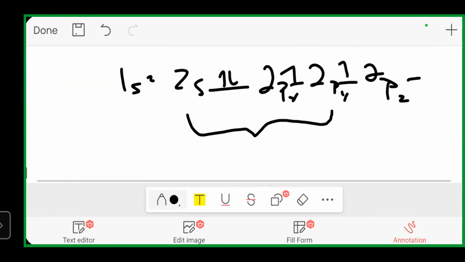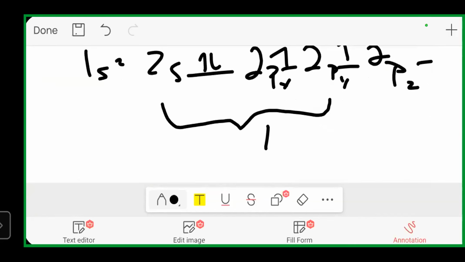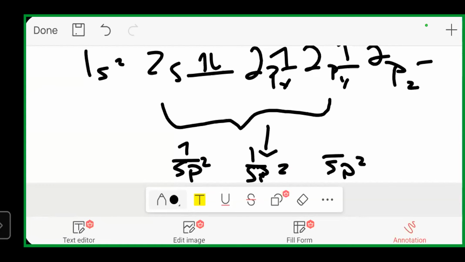So what's going to happen here is you're going to get 3 sp2 hybrids, each with 1 electron.